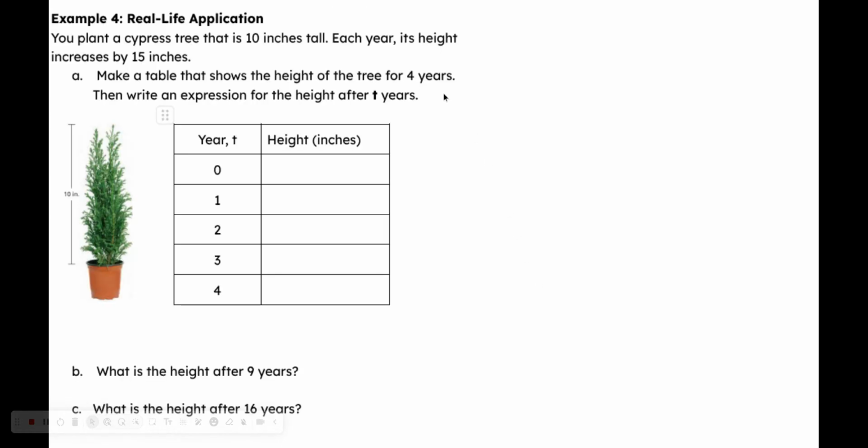This next one says, you plant a cypress tree that is 10 inches tall. Each year, its height increases by 15 inches. We're going to make a table that shows the height of the tree for 4 years. Then we're going to write an expression for the height of the tree after T years. So here I've got year T. When T is 0, my height is going to be 10 inches.